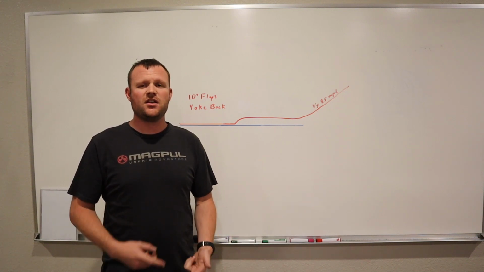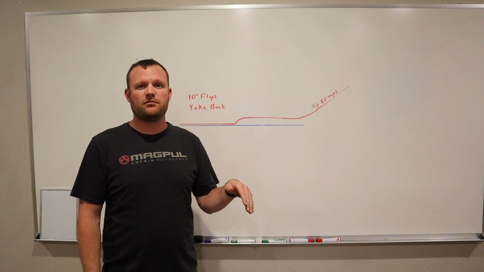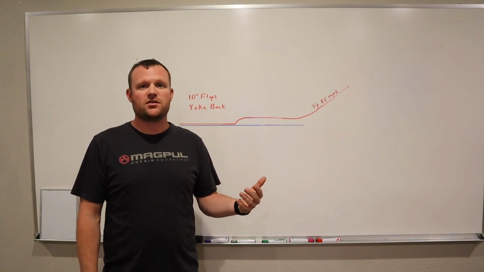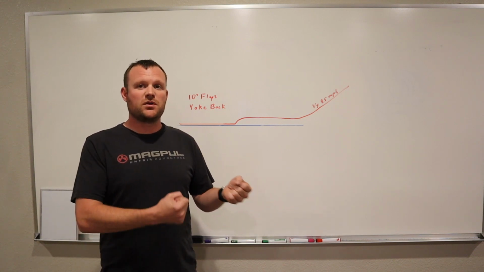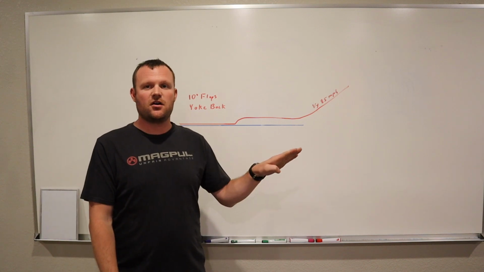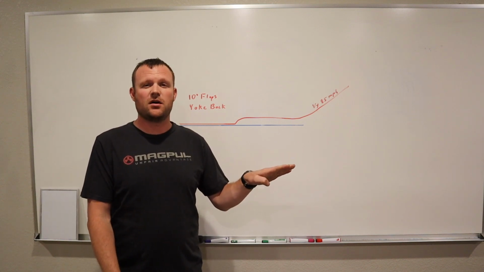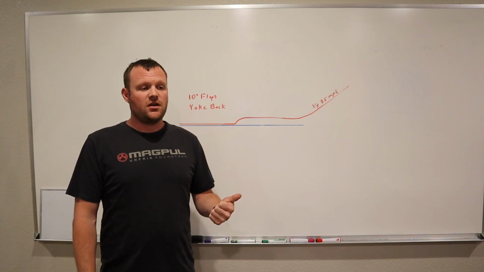And then also we want to protect our prop. Maybe you've got loose gravel, mud, whatever the situation is, big bumps. You don't want the prop to hit any of that stuff. So when we pull the yoke back, that elevates the nose and keeps all the obstacles clear of the prop.